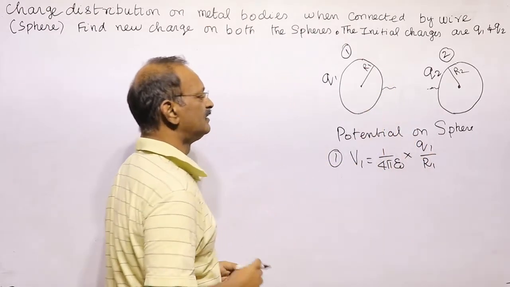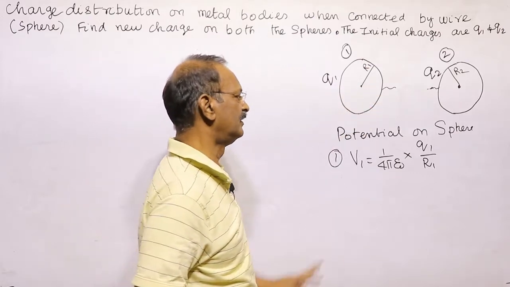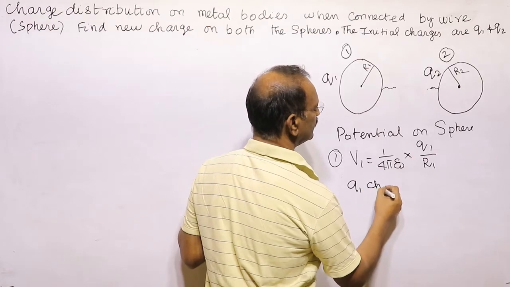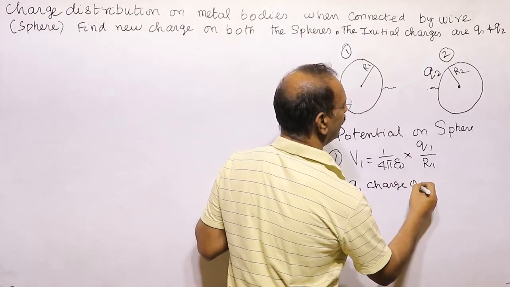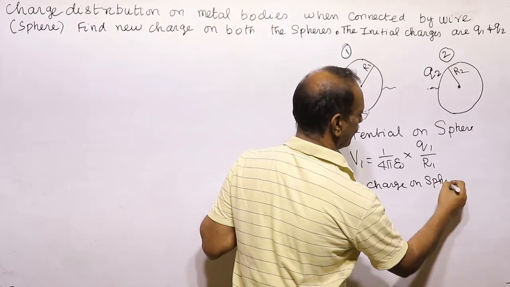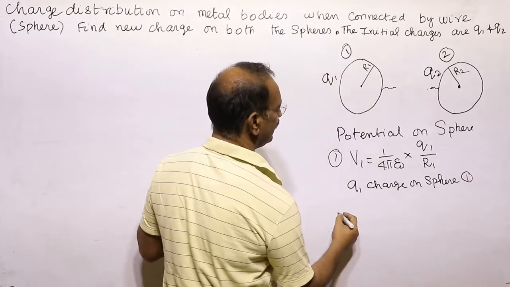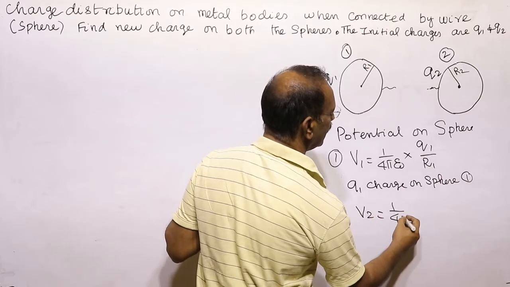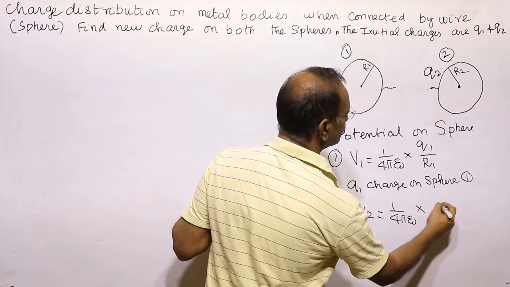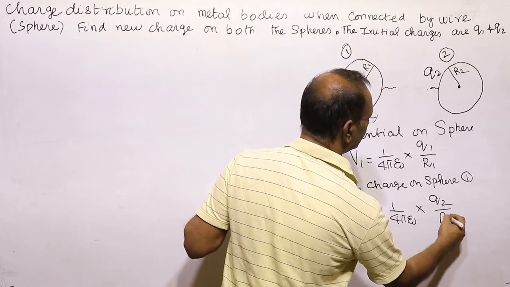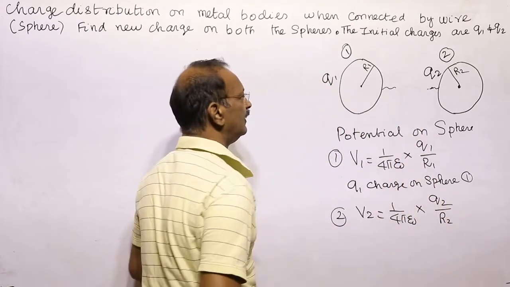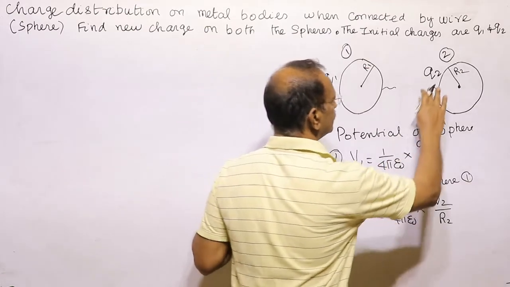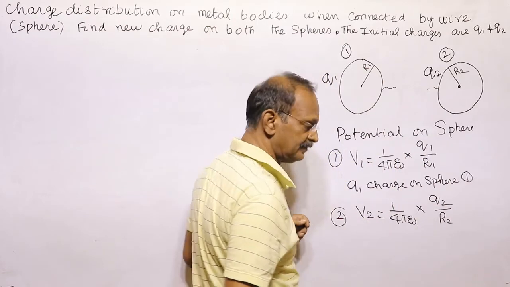It means the potential on the surface is equal to this much, where Q1 is the charge on sphere 1. In the same way, V2 is equal to 1 by 4 pi epsilon naught into Q2 divided by R2, where Q2 is the charge on sphere 2 and R2 is the radius of sphere 2. R1 is the radius of sphere 1.